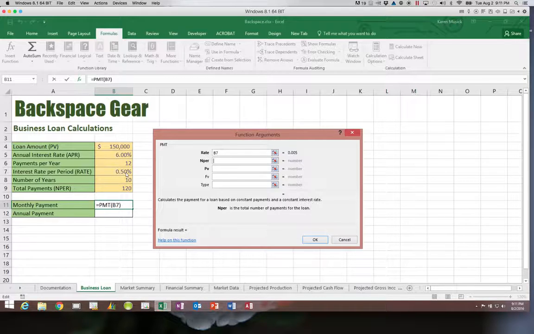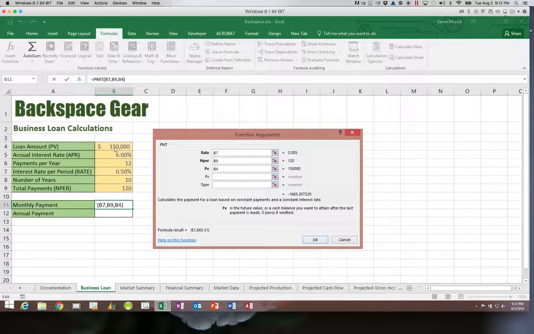The number of periods we calculated here as 120. You could put formulas in these boxes, which I will show you again in 1 minute. Then the present value is always the loan amount.